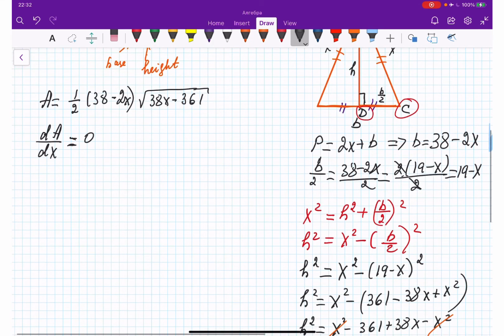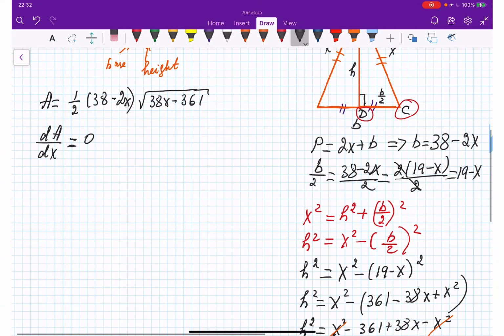Okay, so first thing, let's take the derivative. So dA by dx is equal to, so what do we have here? 1/2. First of all, let me write it down like this. Take 38 minus 2x. I'm taking 2 out as a common factor, it will be 19 minus x, right?